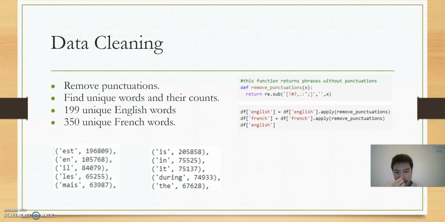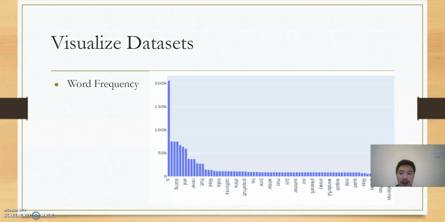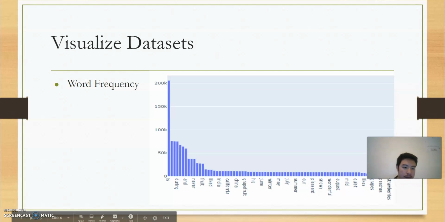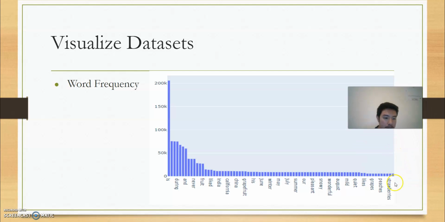Then I tried to visualize the frequency of the word count. As you can see, the word "is" has been used the most, more than 200,000 times. On the other hand, at the end you can see strawberry, peaches, and grapes.